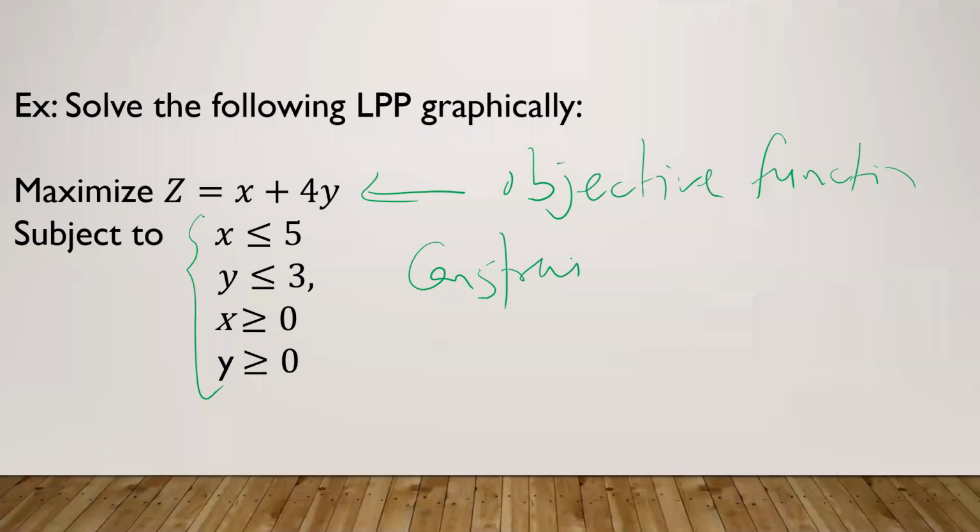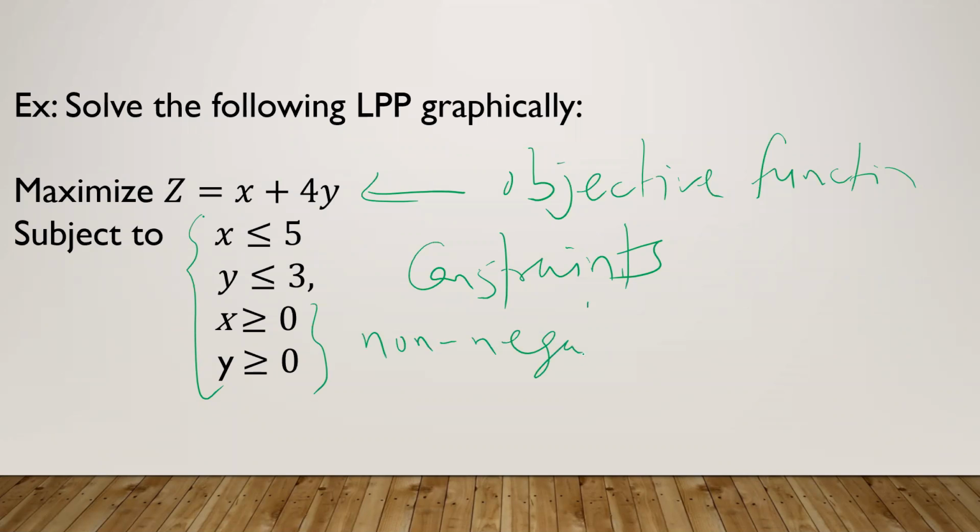These are the conditions which the x and y variables have to satisfy. In every linear programming problem, these two constraints will always be there, whether the problem is of maximizing or minimizing. They are called non-negative constraints.